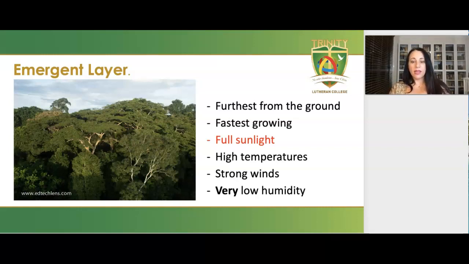It's where the fastest growing of the trees has popped out the top of the main canopy. So up there at the top of the world, they get full sunlight beaming down on them all day, which results in really high temperatures, strong winds, but very, very low humidity. So plants that live at this altitude need to be adapted to those conditions.